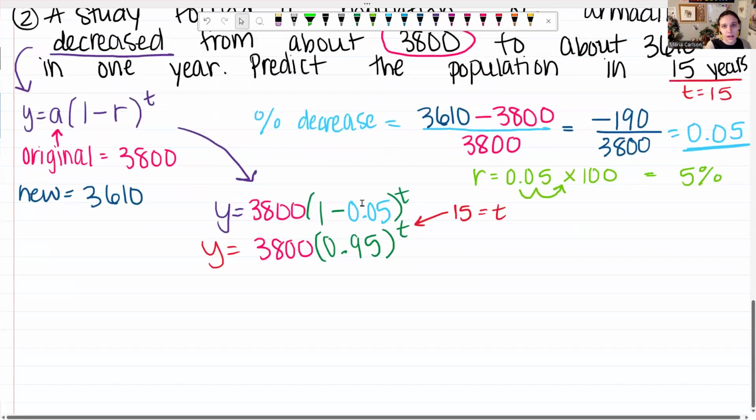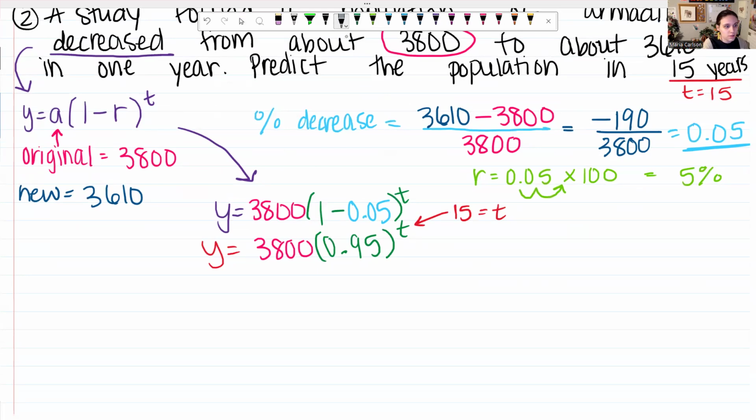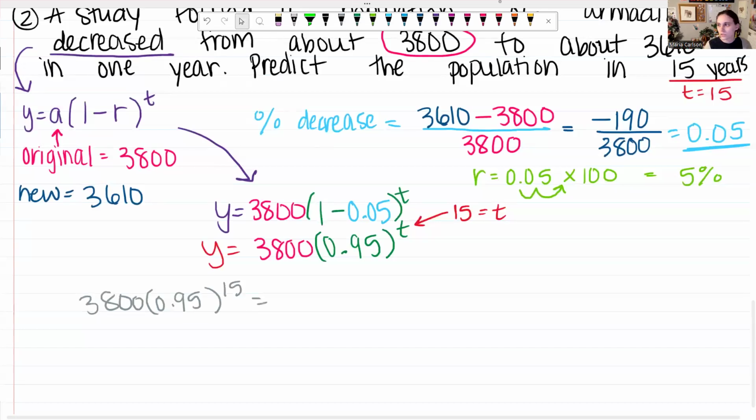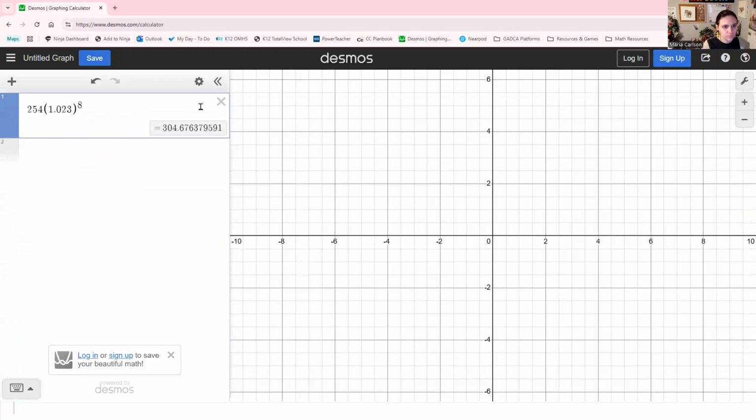So in Desmos, I am going to type 3,800 times 0.95, and I'm going to raise that to the 15th power. Let's open up Desmos again. So the original population, 3,800 times 0.95, it's decreasing by 5% each year, raised to the 15th power.